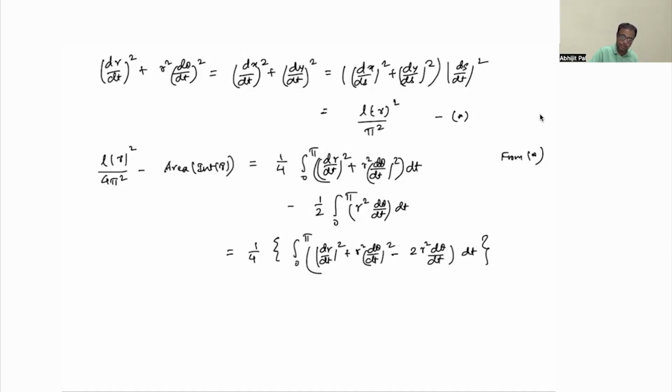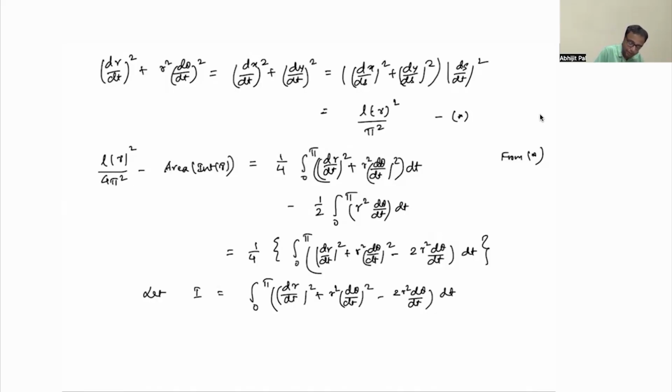So you have this integral here. Let I be this integral, and we'll split it in two parts.